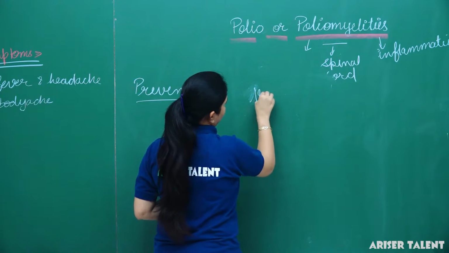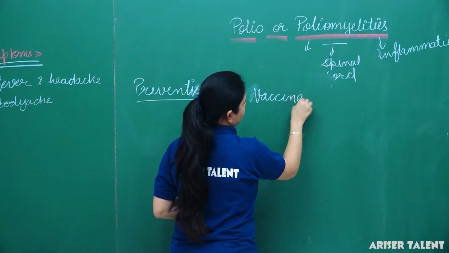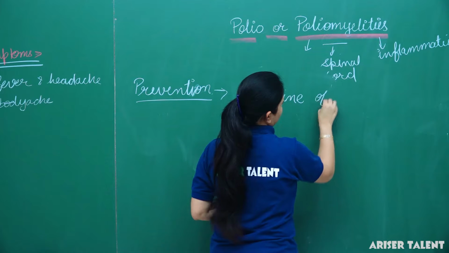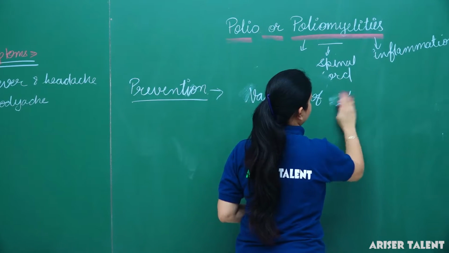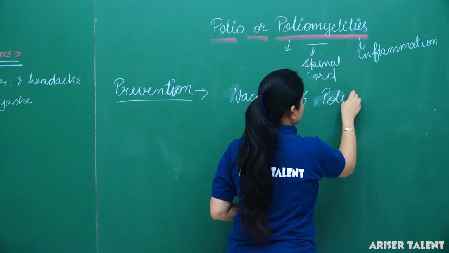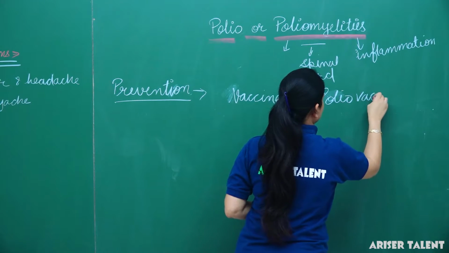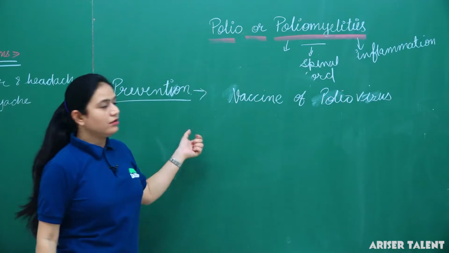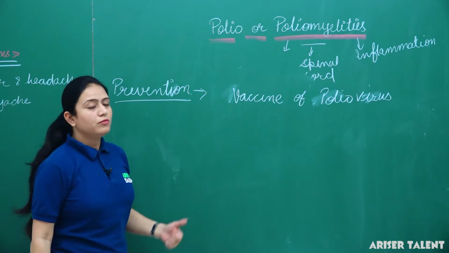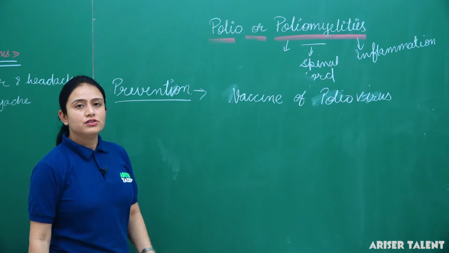Thus we can say for prevention we generally give polio vaccines to children under the age of 3 years.